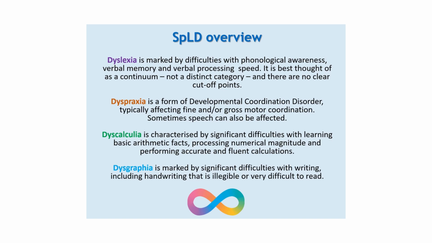Sometimes speech can also be affected. Dyscalculia is characterized by significant difficulties with learning basic arithmetic facts, processing numerical magnitude, and performing accurate and fluent calculations. Dysgraphia is marked by significant difficulties with writing, including handwriting that is illegible or very difficult to read.